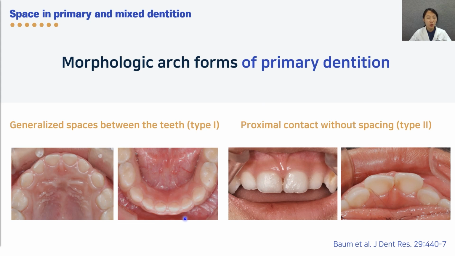These types of arch were defined as Baum's type 1 and type 2 arch. These arch forms are congenital rather than developmental, and the original pattern exhibited at eruption was maintained from ages 3 to 6 years.